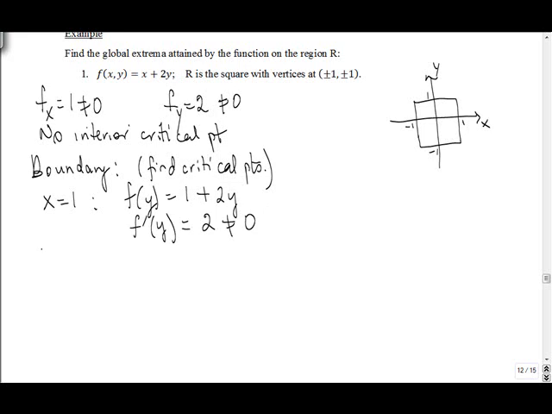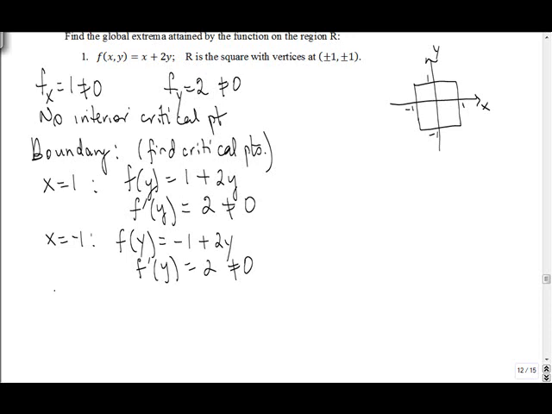Next one, let's do x equals minus 1. Put it again into the function. F of y is minus 1 plus 2y. F prime of y again is 2, not 0. Okay?